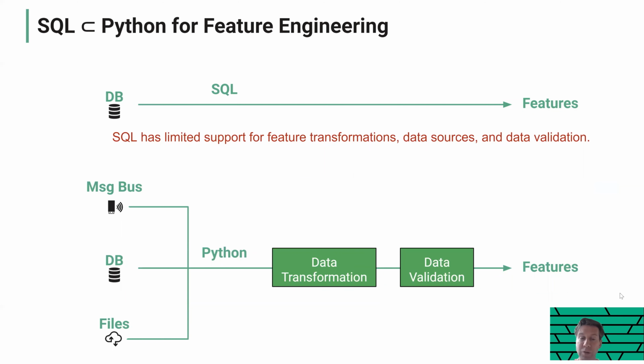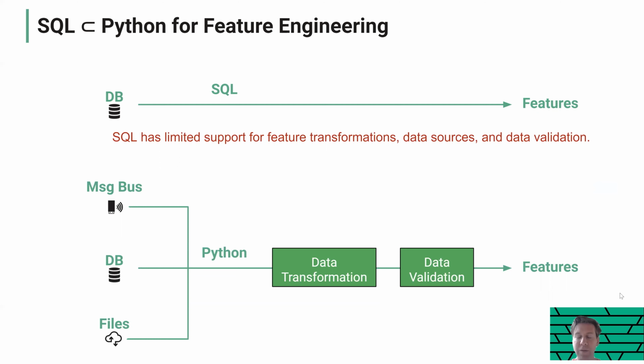So a lot of shops do still build Python feature engineering code, and the two main parts of this feature engineering process are, one, we want to transform the raw data on the left-hand side into the features. But second, we also want to validate the data, because the schema is not enough. The schema will not tell us if our load factor is a valid load factor.